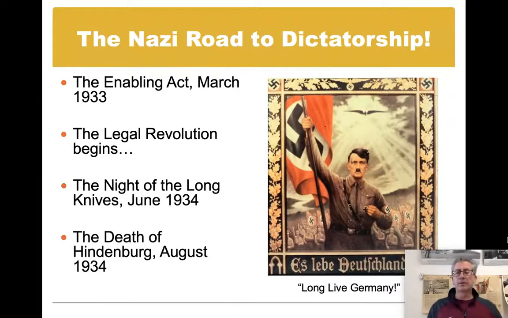To further go along with his consolidation of power, he needs to eliminate his opposition within the Nazi Party. He wants to avoid what he sometimes referred to as a second revolution, not necessary.